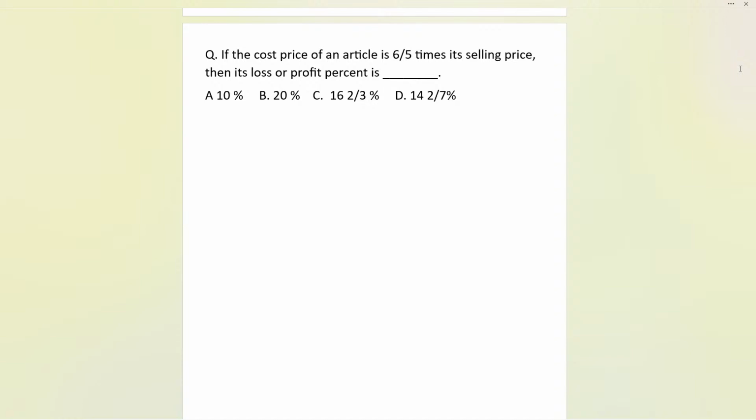You can comment your answer in the chat box. Thirty seconds more.